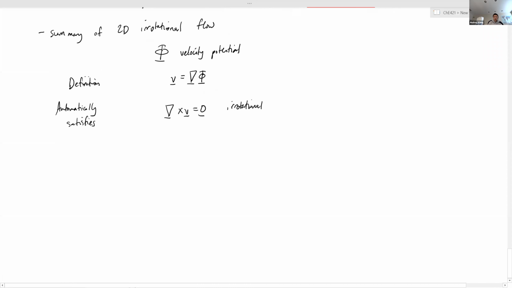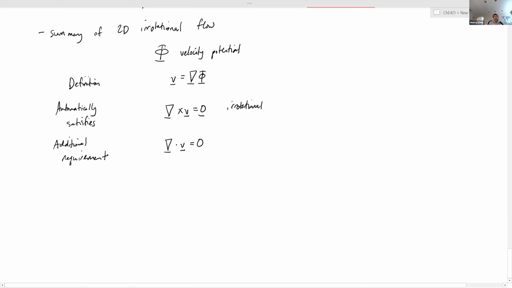Okay, there is of course an additional requirement that this velocity potential has to satisfy in order to actually be a real velocity profile. And that requirement is the continuity equation.